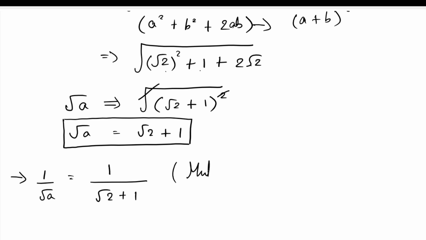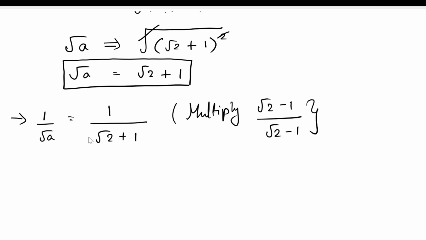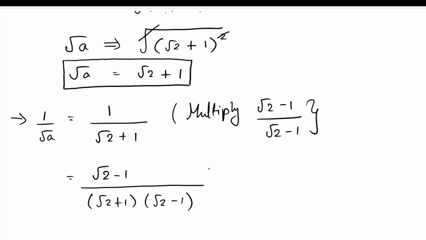This I'm multiplying by root 2 minus 1 and root 2 minus 1. When we multiply, we get in the numerator root 2 minus 1, divided by, in the denominator, root 2 plus 1 into root 2 minus 1.